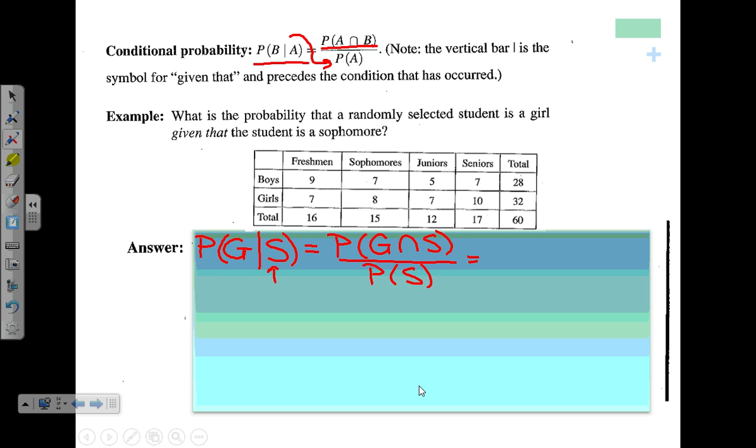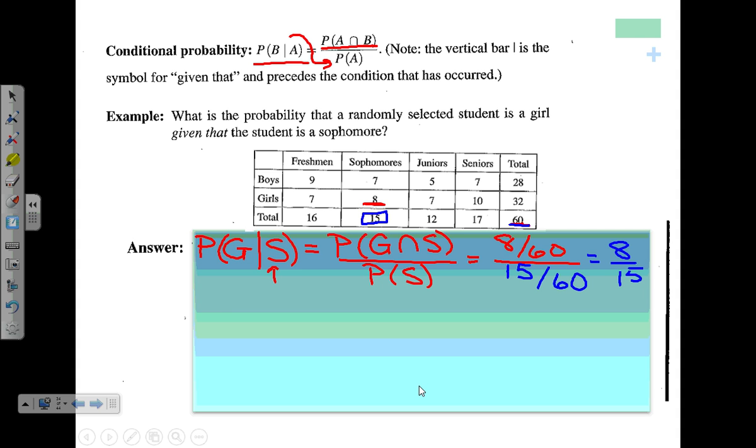Probability of being a girl and a sophomore, we have already talked about, is 8 over 60. 8 sophomore girls over 60, the grand total. The probability of being a sophomore is 15 over 60, the total sophomores over the grand total of 60, which simplifies to 8 over 15.